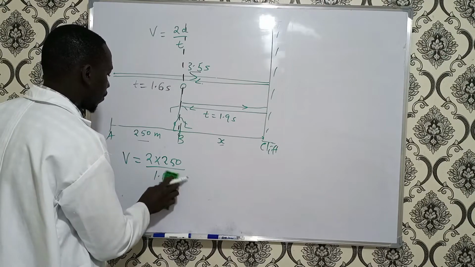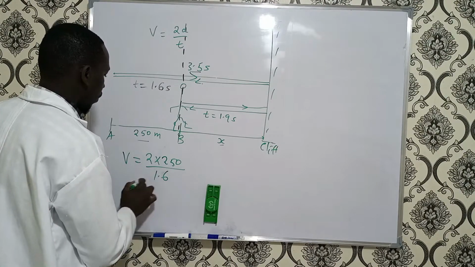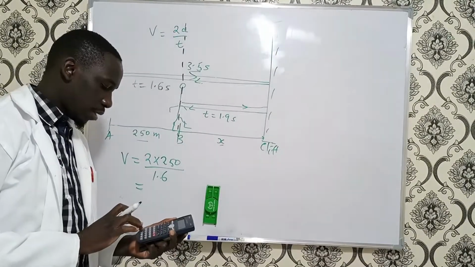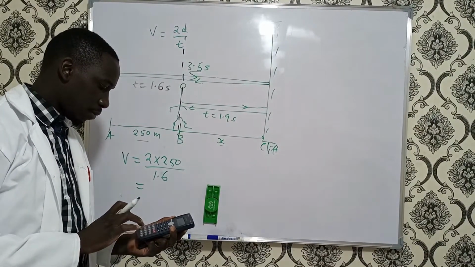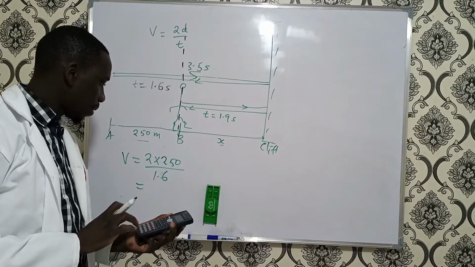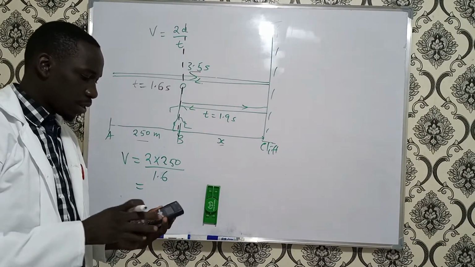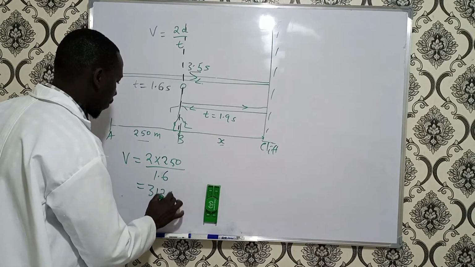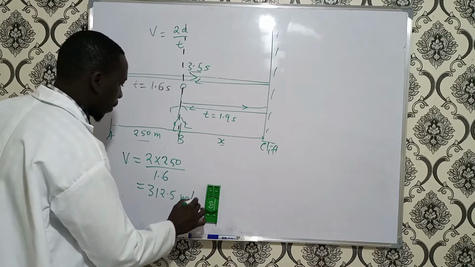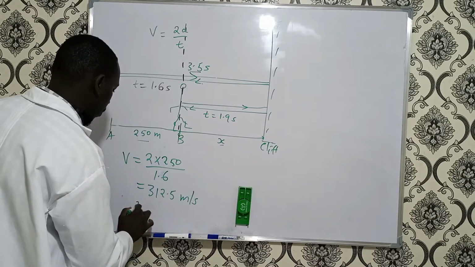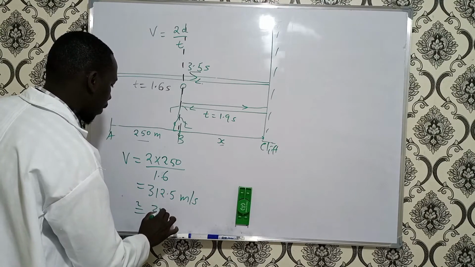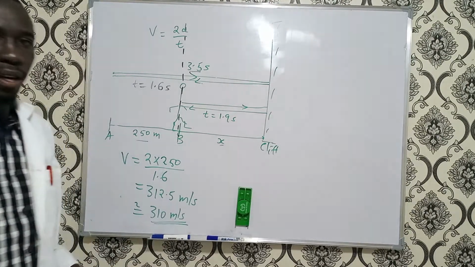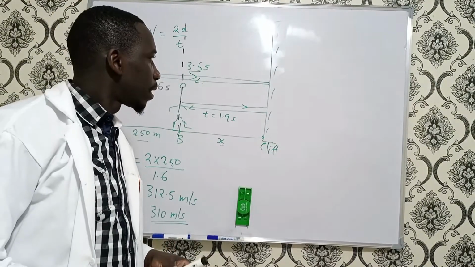So 2 times 250, that is 500. We divide by 1.6, we get 312.5 meters per second, which is approximately equal to 310 meters per second in two significant figures. Thank you, and that is enough for today.